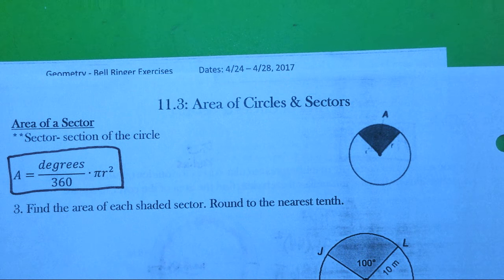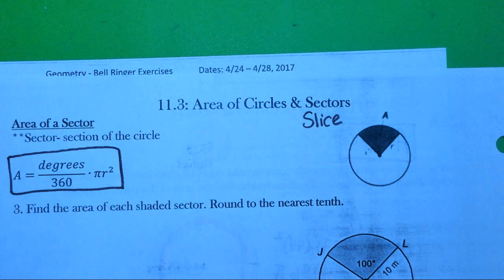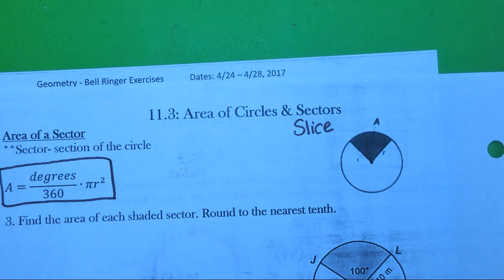Degrees. We have talked about degrees before. A sector. Okay, a sector. A sector is a slice. When I think of sector, I think of a slice. A slice of pizza, a slice of pie, some portion of our circle.